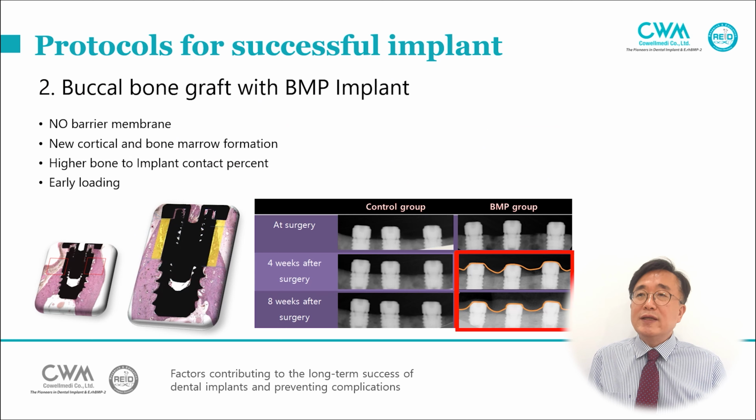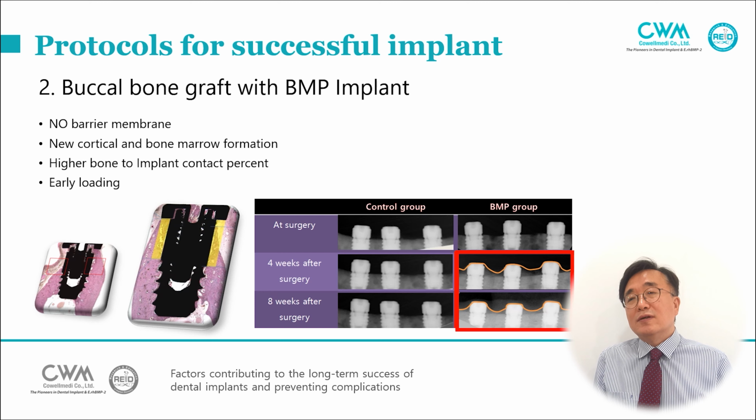So today I will introduce the BMP implant buccal bone graft. The characteristic is there is no barrier membrane, and at an early stage, new cortical bone and bone marrow are formed, and the bone to implant contact percent is higher, different from conventional GBR.